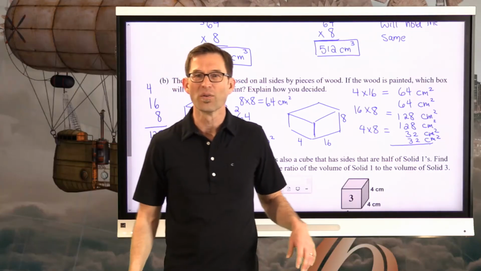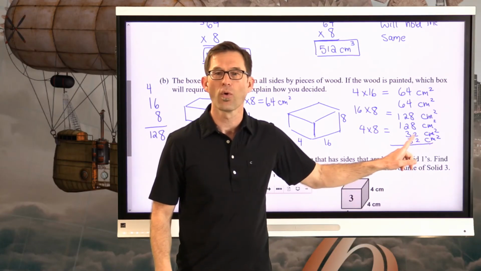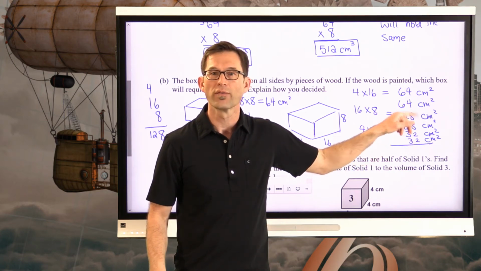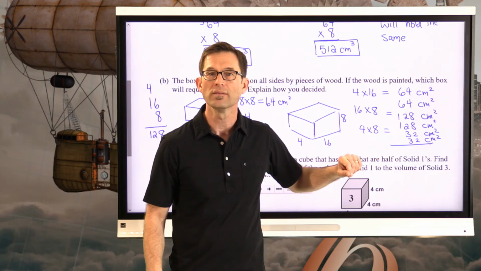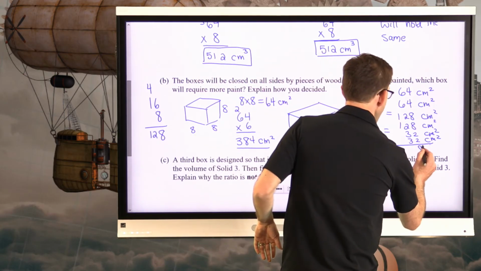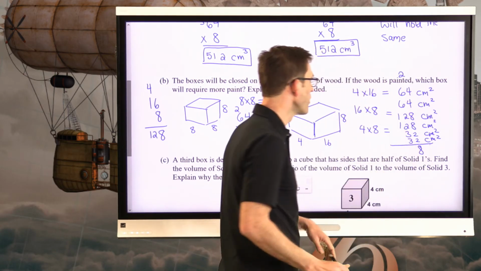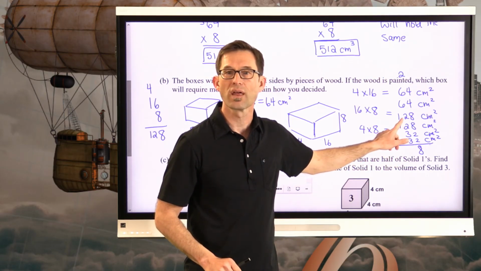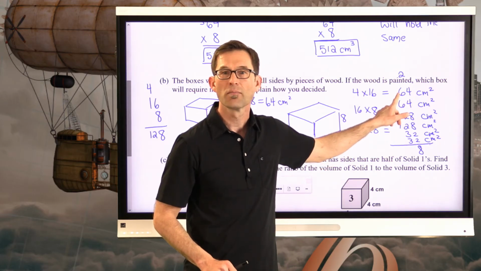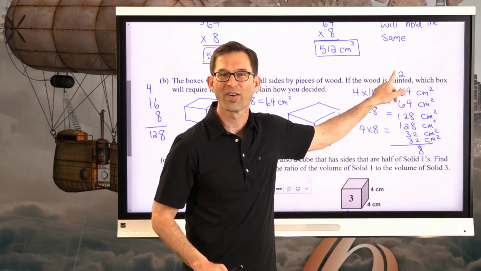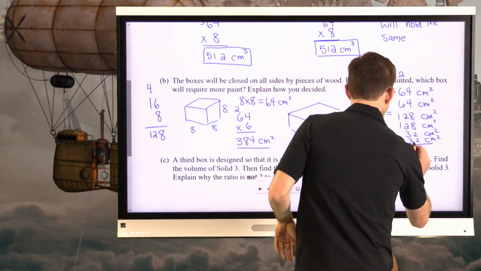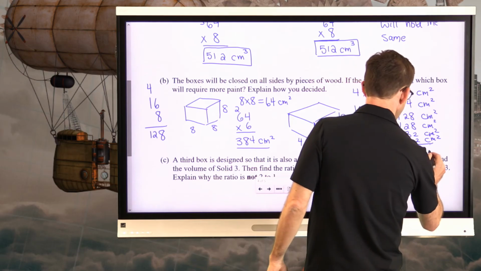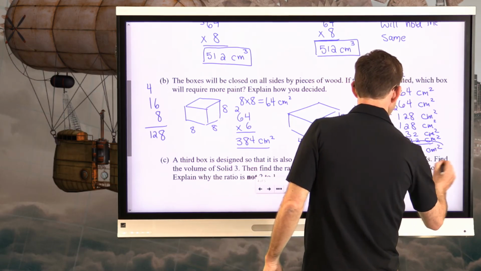Let's see if I can do it without making a mistake. 2 plus 2 is 4, plus 8 is 12, plus another 8 is 20, plus 4 is 24, plus another 4 is 28. Carry the 2. I've got 3 and 3, that's 6, plus another 2 is 8, plus another 2 is 10, plus 6 is 16, plus 6 is 22, plus that 2 that I carried was 24. Carry the 2. And now I have 448. All right, and that's its surface area.